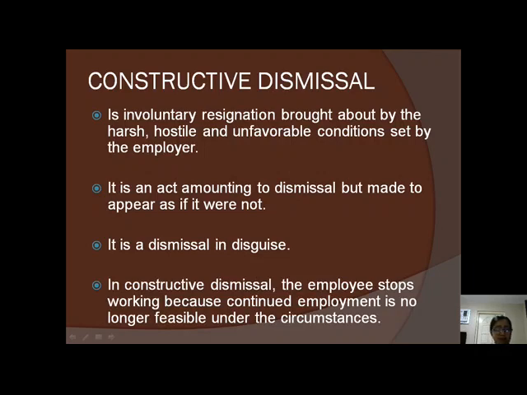Like for example, in the case of sexual harassment, if your superior is harassing you, then the employee can actually resign immediately, or not report immediately, and that constitutes constructive dismissal. So the employee can stop working because of that circumstance.